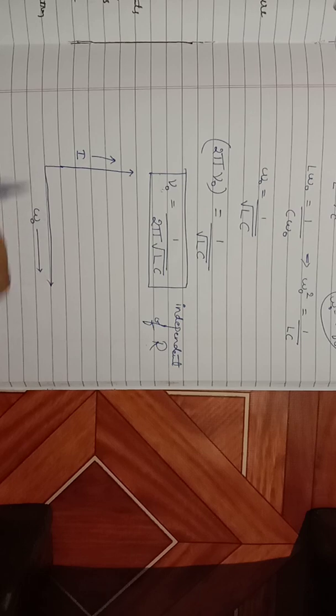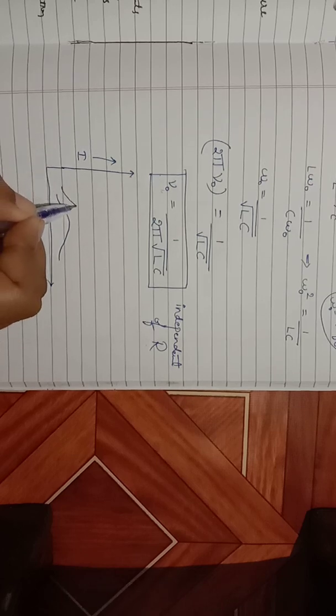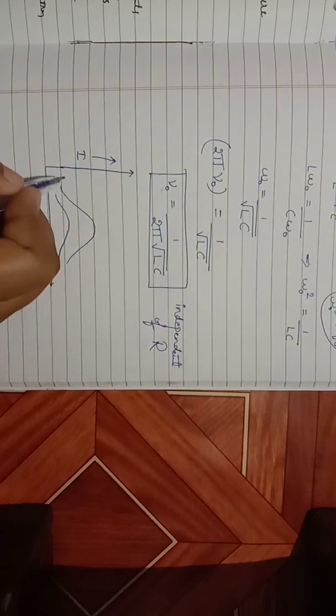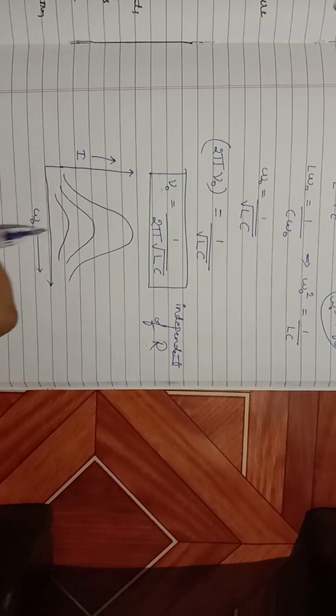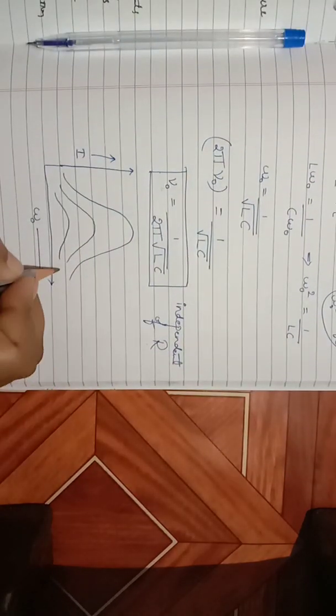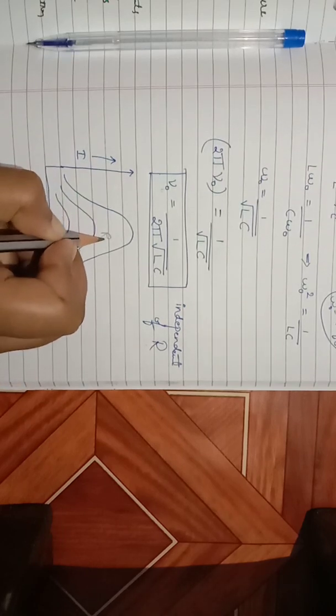When we take the readings, we'll get curve-like structures, like this, again like this, again like this. The first curve is for resistance R3, you consider. Second is for resistance R2. First is for resistance R1.